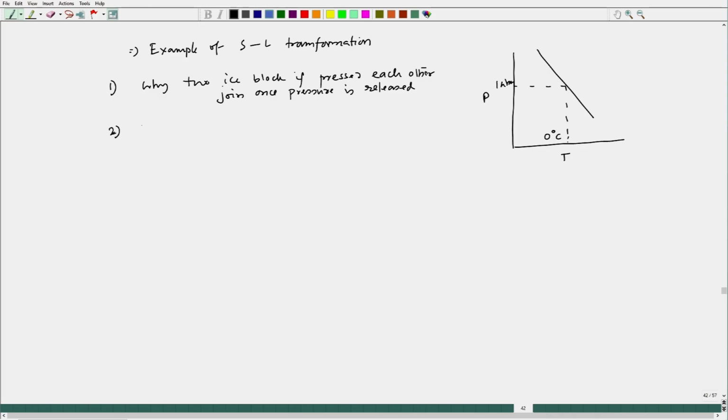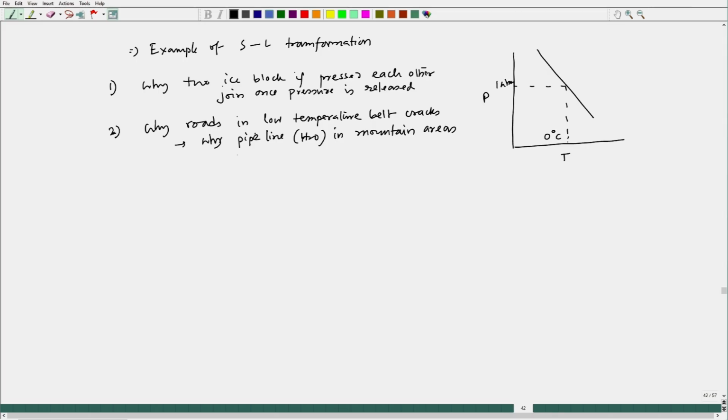And the second is: why do rods at low temperature, or belts, crack? Or I can even ask: why does a pipeline carrying water in hilly or mountain areas fracture?